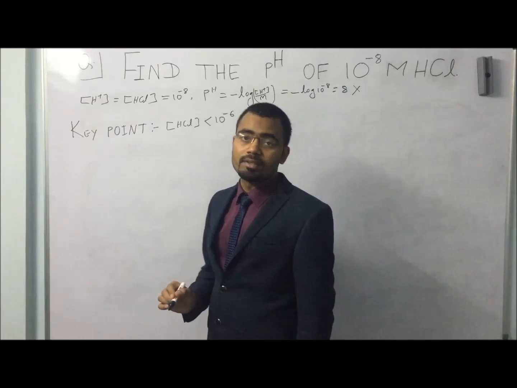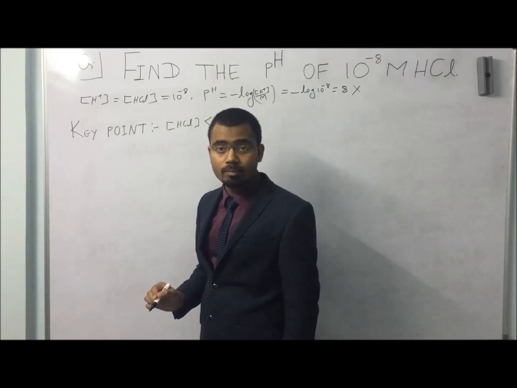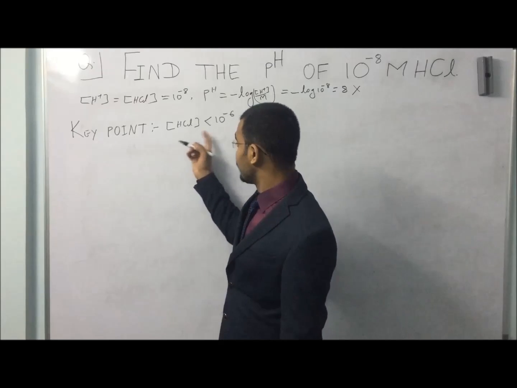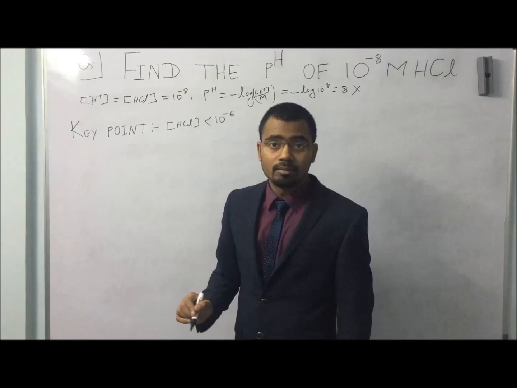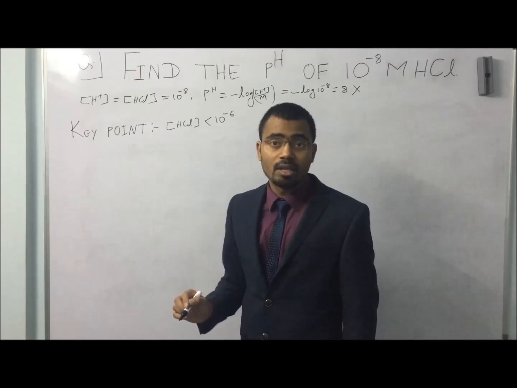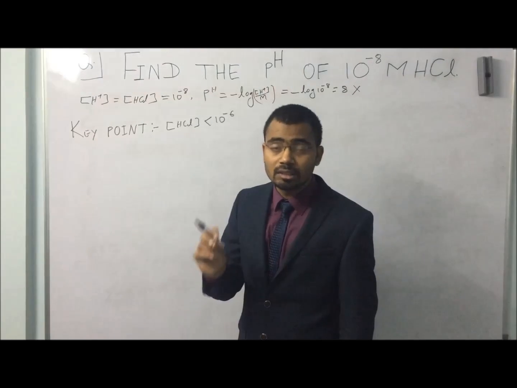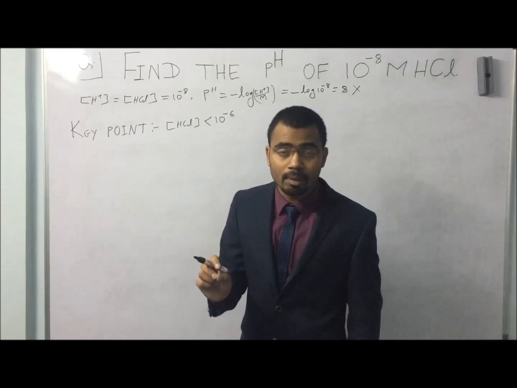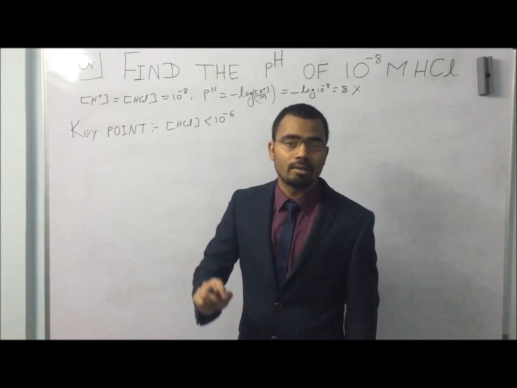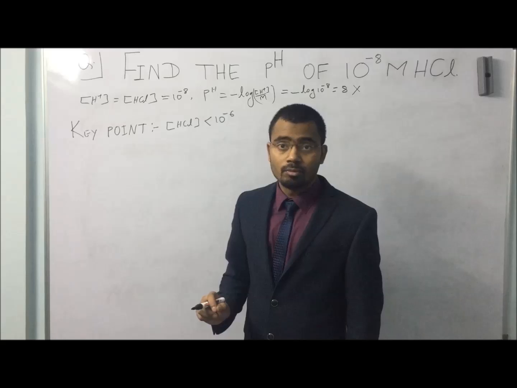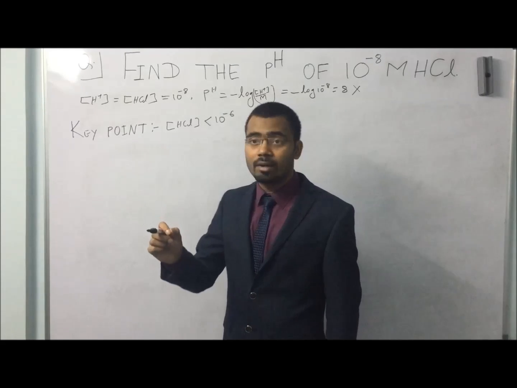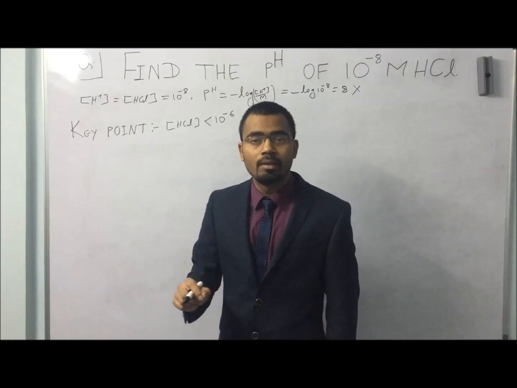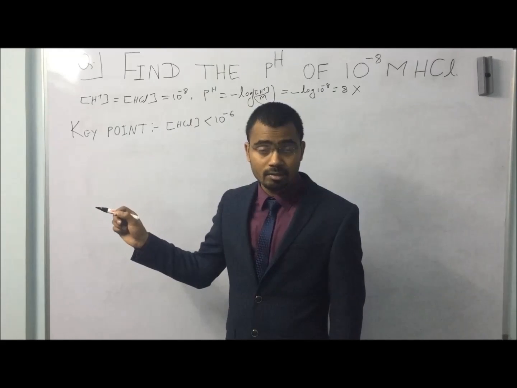This is the key point in the given question. So whenever the concentration of any stronger acid is less than 10 raised to minus 6, you have to consider the concentration of H plus coming from the water. The dissociation of water will be suppressed by a stronger acid.